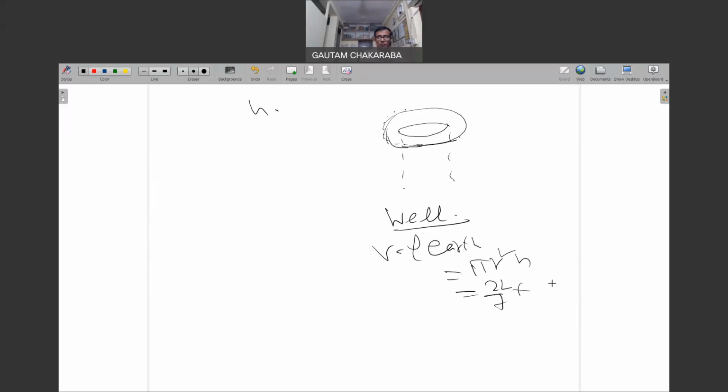Radius 3.1.5 and that length 14. Okay, now after that you calculate the result.